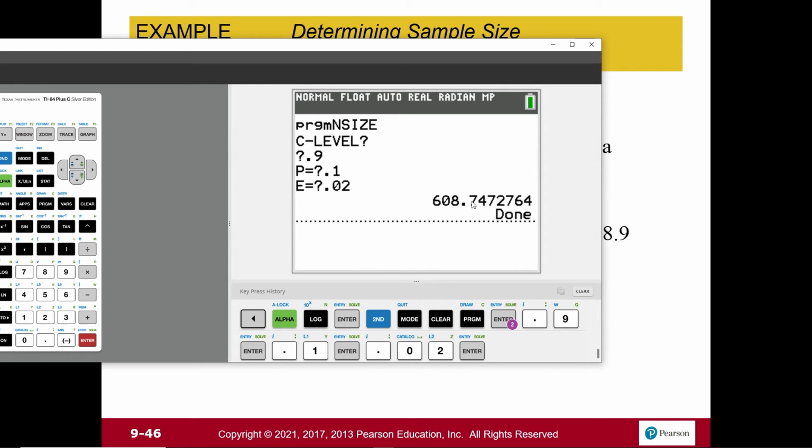But just as an FYI, 608 point, anything more than 0.5 you round to the next one. But we could also go low. If it was 608.2, the answer would be 609. So you round to the greatest integer always when it comes to the sample size for the program.